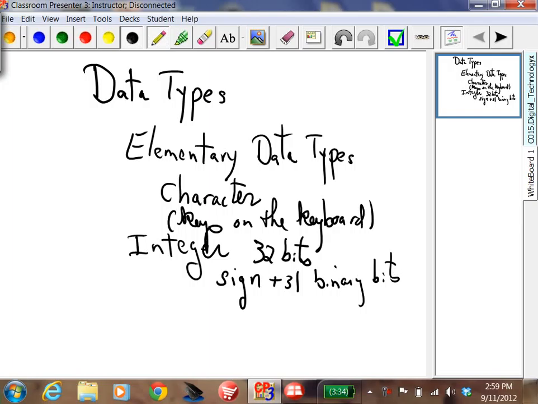It's also a 0 or 1, where 0 is plus and 1 is minus. This one-bit sign bit is interpreted differently from the other 31. The other 31 are plus or minus some integer number.